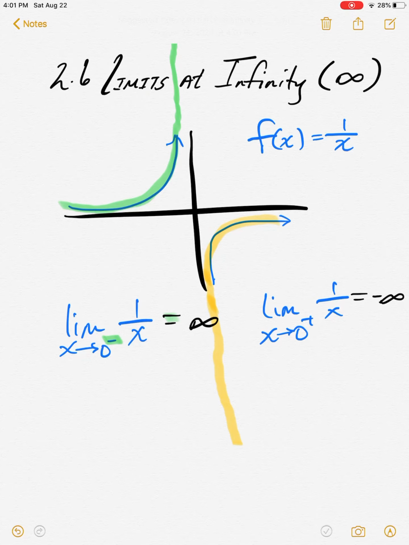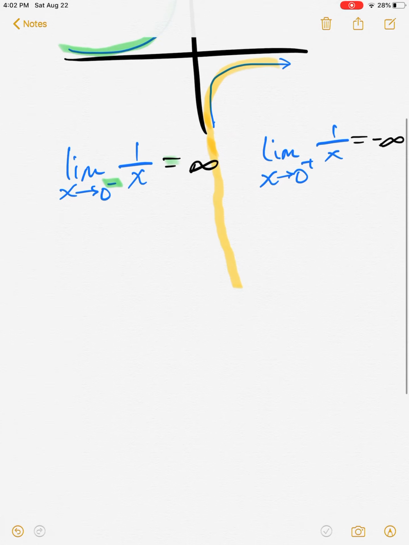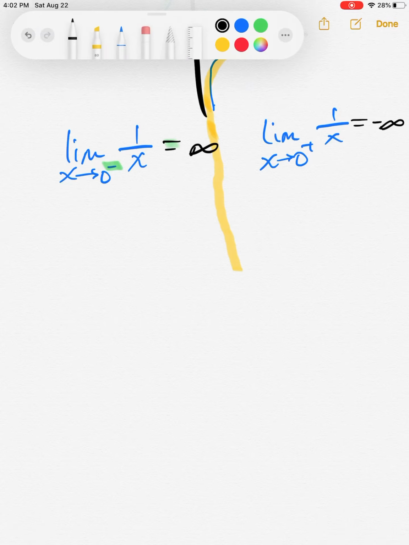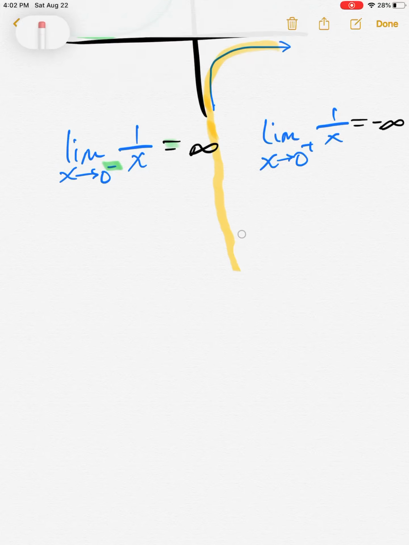All right, now let's toss in some information about bigger numbers and little numbers. Let me get some eraser action going because I don't need this to keep going. Let's move that out of the way.